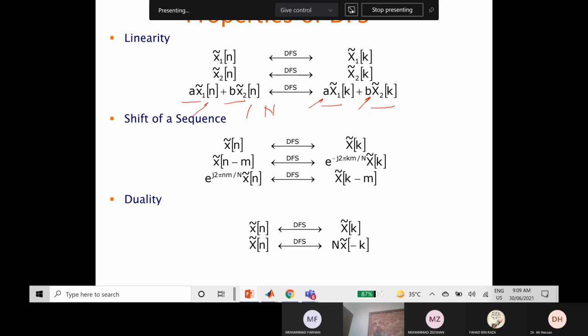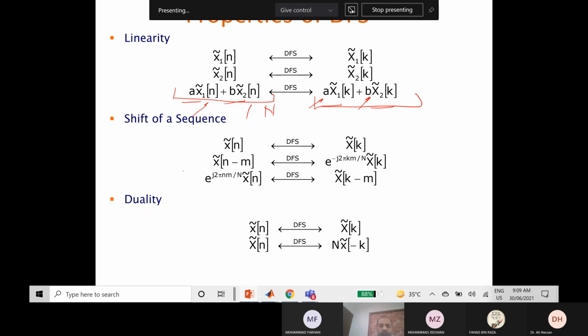It is very easy to perceive: if there are 10 cosines in one and 10 cosines in the other, the same cosines primarily, because the capital N is the same, then if you add them you will have another periodic signal. So it would also have Fourier series coefficients, and you don't have to recompute them. You can just use the previous coefficients.